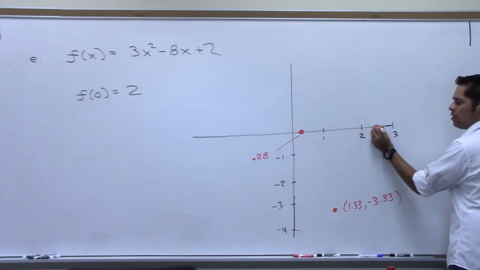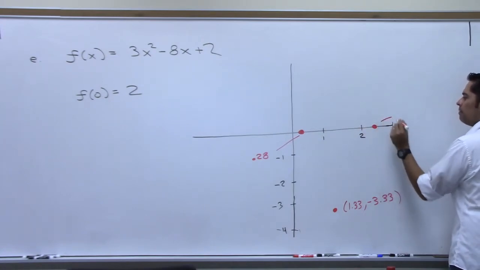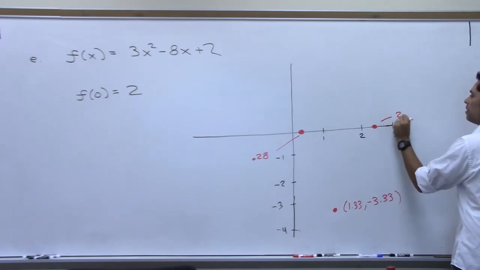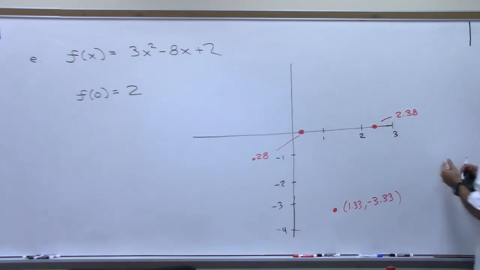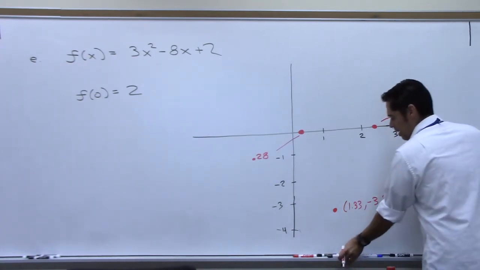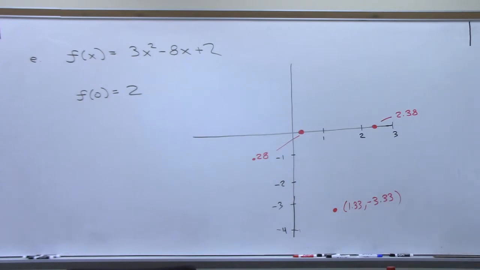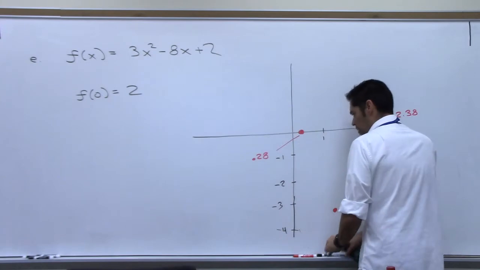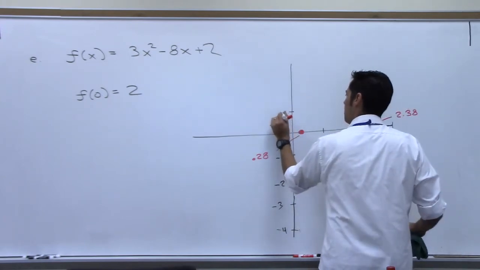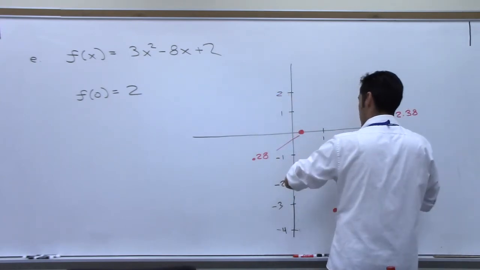I don't know, somewhere in here. Again, we're not putting a man on the moon right here. We're just graphing a parabola, right? This isn't the Hubble telescope. And one more point. What's the other point I have? On the Y, I have 2 up. 2, right there.